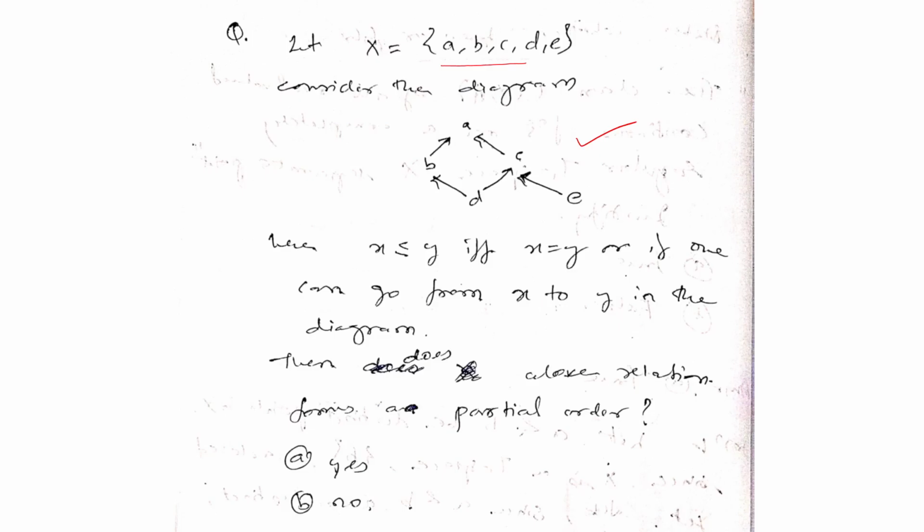So consider, let X be a set of these 5 elements A, B, C, D, E, and consider this diagram. Here, X is less than or equal to Y if and only if X is equal to Y, or if one can go from X to Y in the diagram. Okay. So does it form a partial order or not by this binary relation?